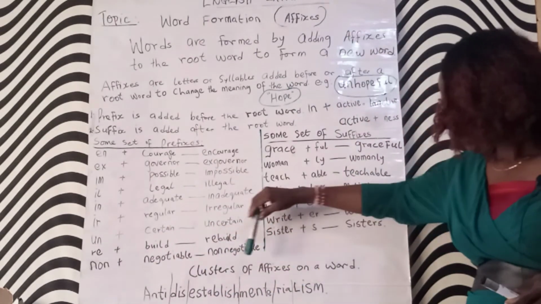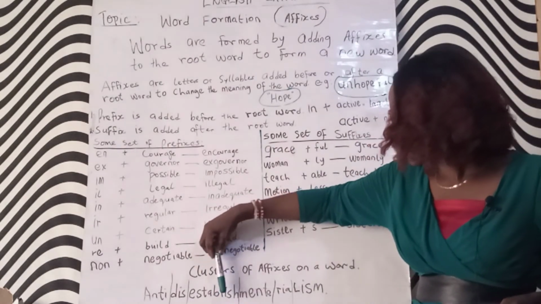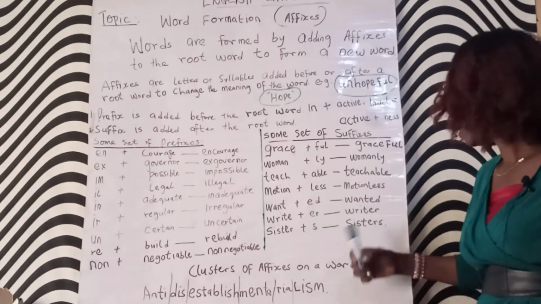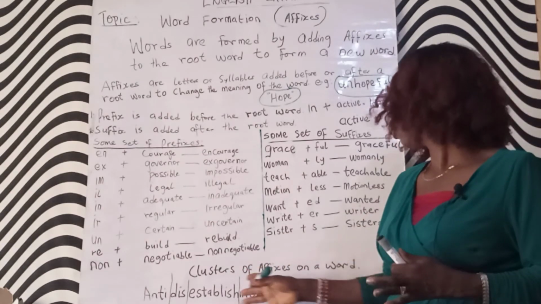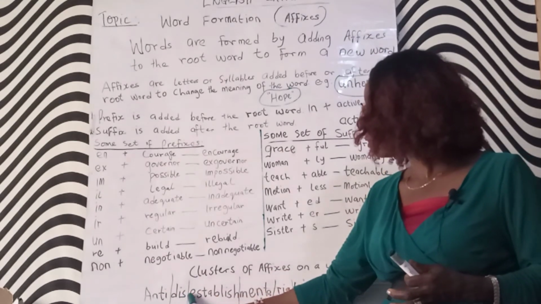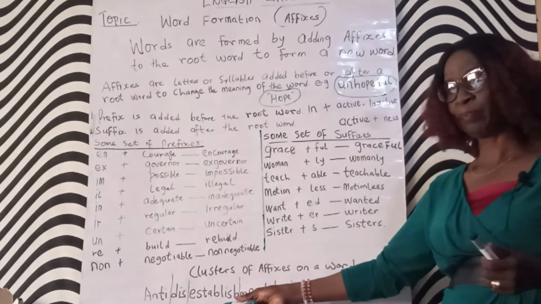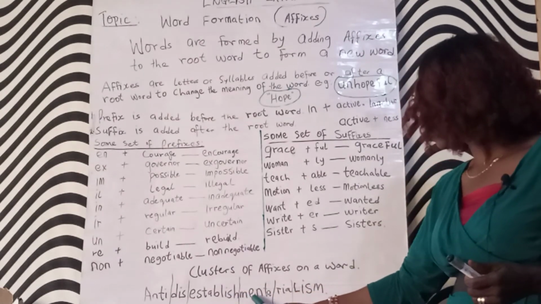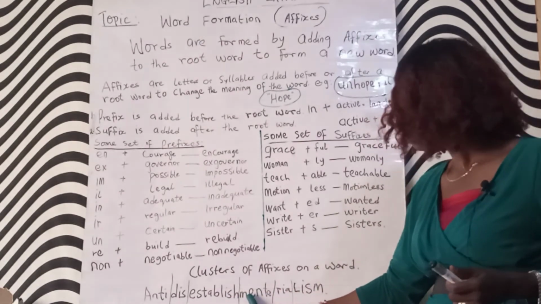Anti-disestablishmentarianism. This is the base word, that's the root word, establish. Then we have clusters of affixes on the word establish. First of all, we have disestablish. Disestablishment.